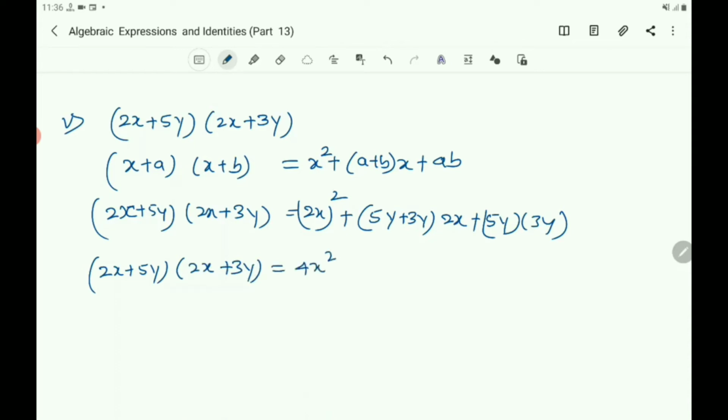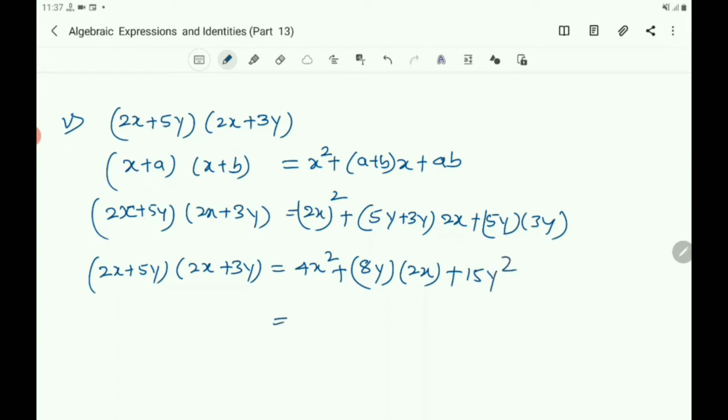Now you write 2x plus 5y into 2x plus 3y equals 2x whole square. You will get 4x square plus here 5y plus 3y is 8y, 8y into 2x. Or one more step you can have. The sum of 5y and 3y is 8y into 2x plus the product of 5y and 3y, 5 3s are 15 and y into y is y square.